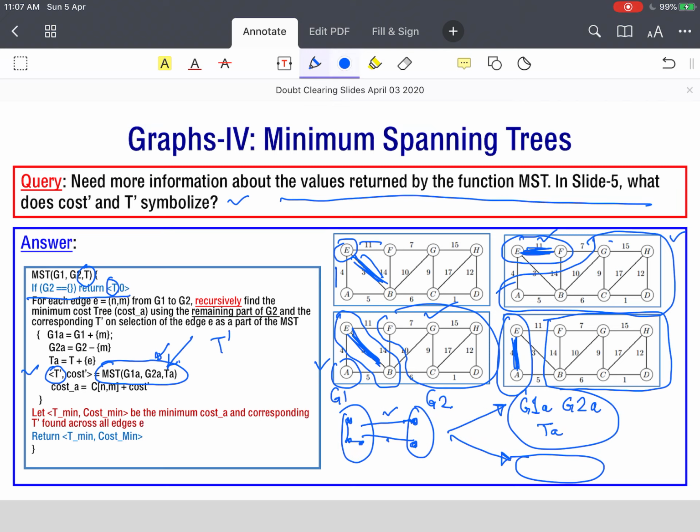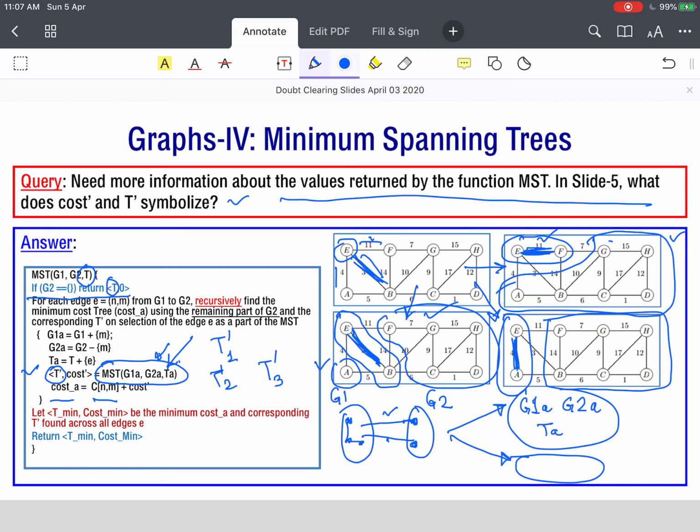And each of these 3 would return some T dashed. So T dashed would come from one of them, T dashed would come from the second edge, and T dashed would come from the third edge.